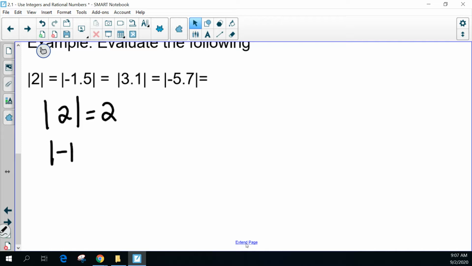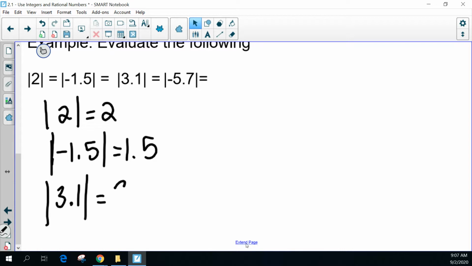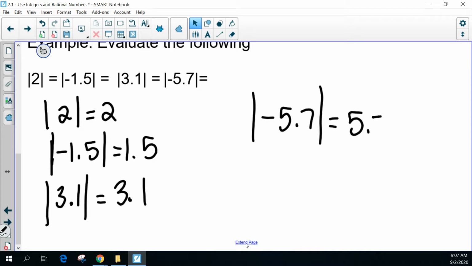Absolute value of negative 1.5 would become positive 1.5. Absolute value of 3.1 would be 3.1. And then absolute value of negative 5.7 would become positive 5.7.